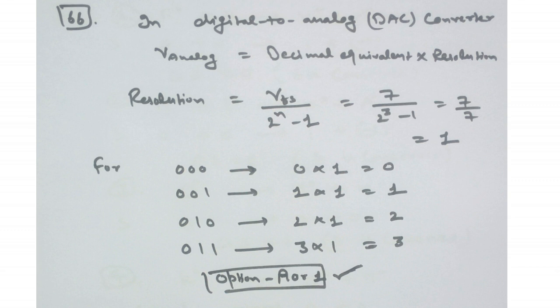Now here n is 3, so it becomes 7 upon 2 raised to power 3 minus 1, and that is equal to 7 upon 7, which is equal to 1. Now here V analog is equal to decimal equivalent into resolution. So for 000 it is 0, for 001 it is 1, for 010 it is 2, and for 011 it is 3. So that's why option 1 is the right answer.